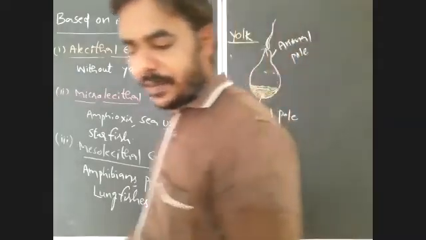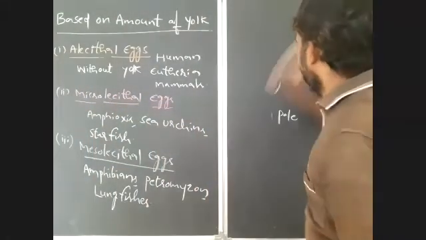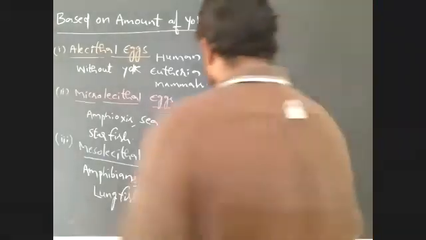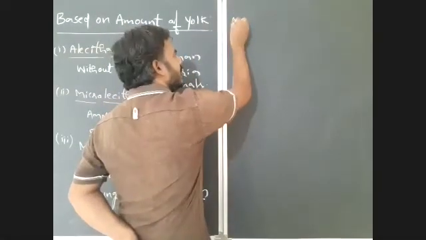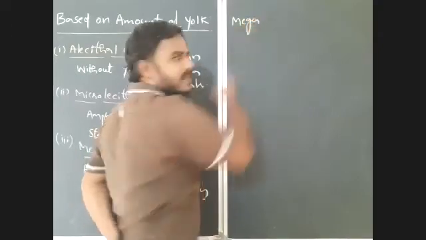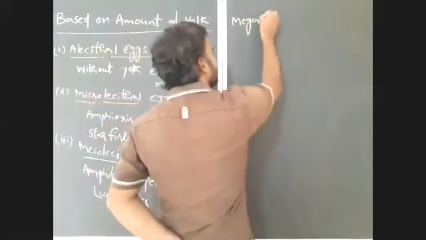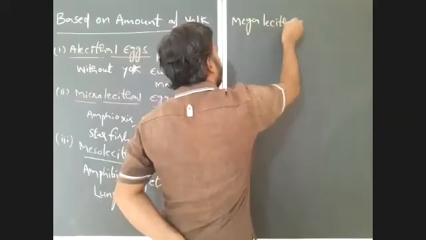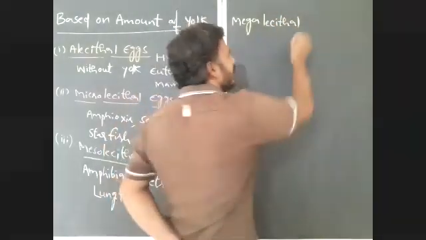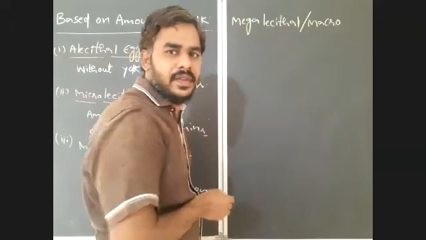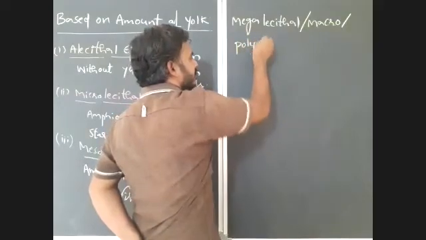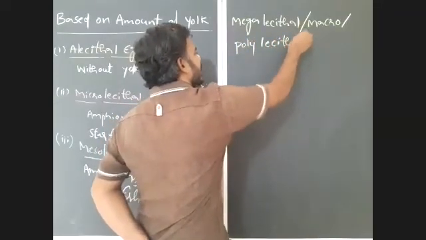Now, what is the next type of egg? Here, the last type, megalecithal eggs. These megalecithal eggs are also known as macrolecithal eggs, and macrolecithal are also known as polylecithal eggs.